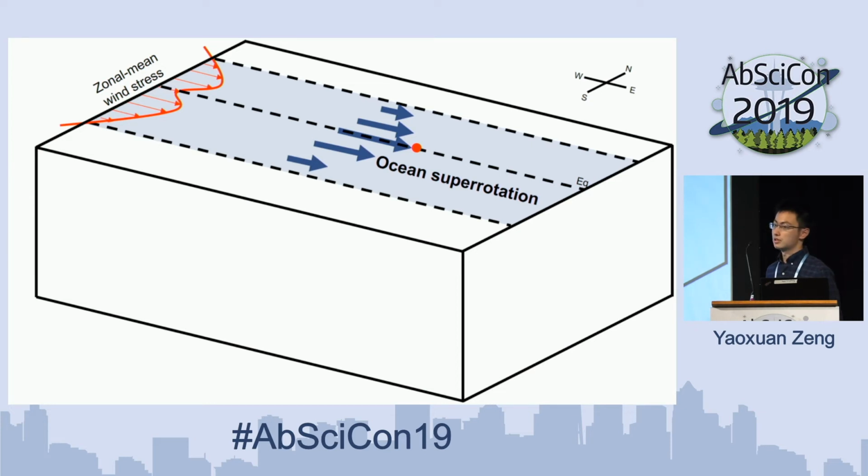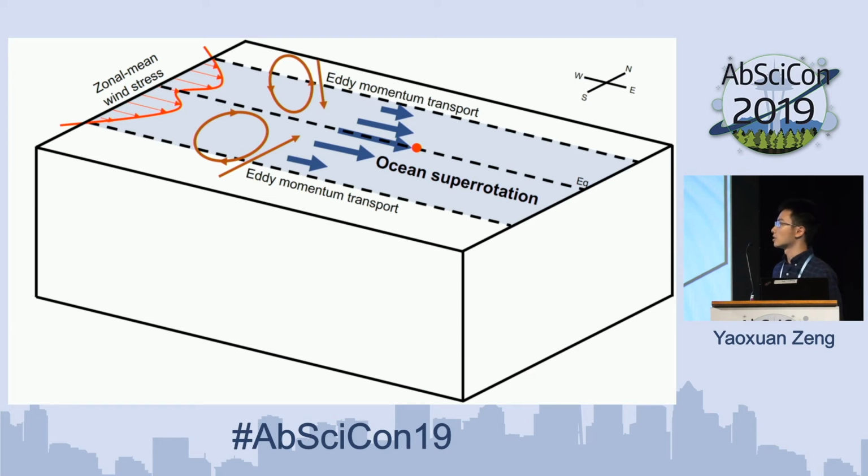Now we have a basic picture of the ocean circulation on tidally locked aqua-planets. First, we can observe that there exists atmosphere superrotation as well as ocean superrotation, and they have some differences, with 2 jets in the atmosphere and 1 jet in the ocean. This can be explained by the eddy momentum transport, which is dominated by the stationary eddies.